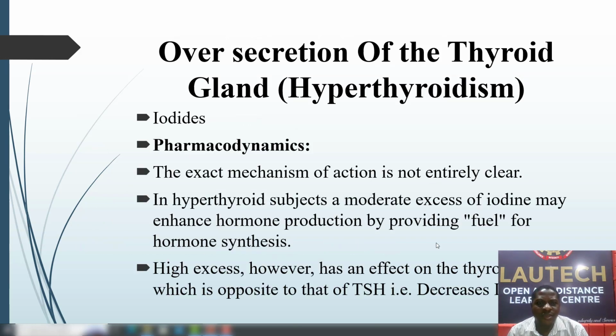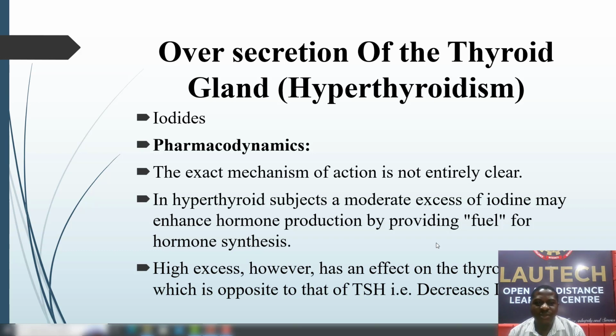Iodides. So the pharmacokinetics of iodide: the exact mechanism of action is not entirely clear. In hyperthyroid subjects, a moderate excess of iodine may enhance hormone production, providing fuel for hormone synthesis. Remember that for T4 and T3 to be synthesized, an individual needs an adequate supply of what? Iodine.